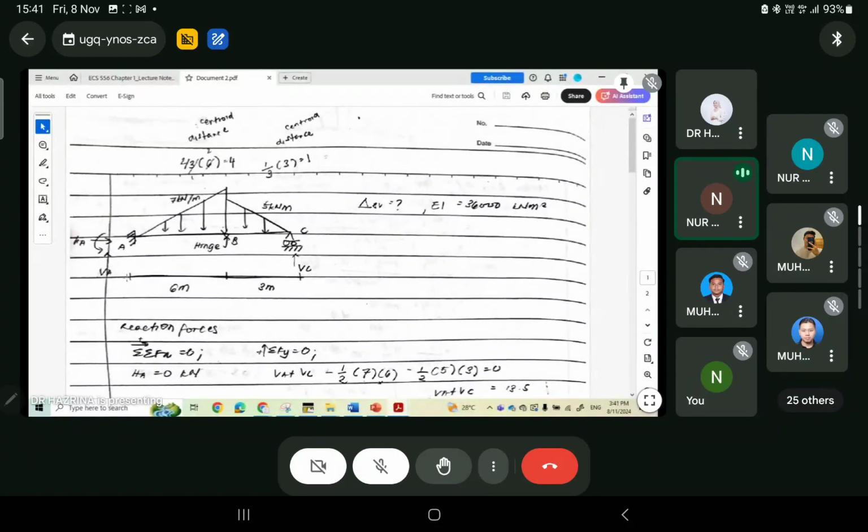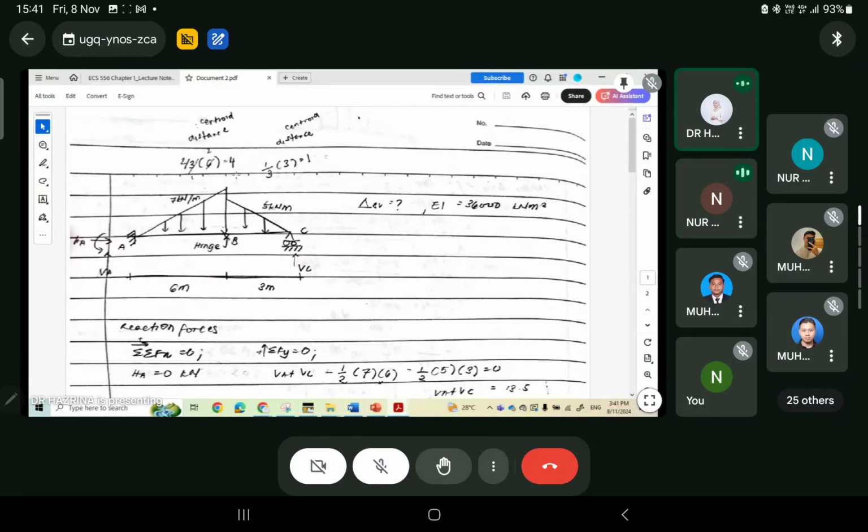And then I use the formula, centroid distance, to find the vertical force.